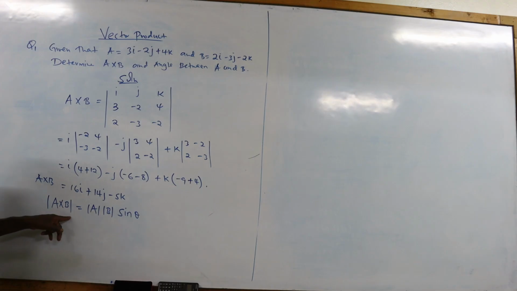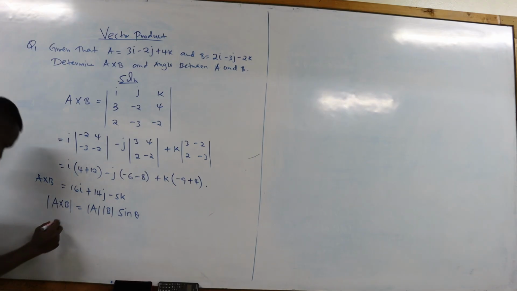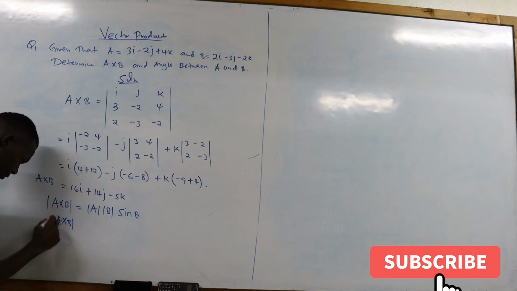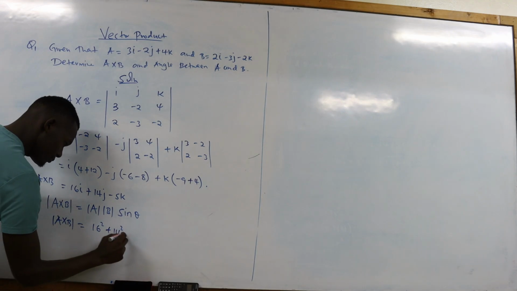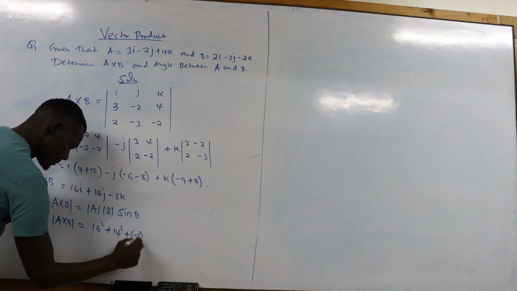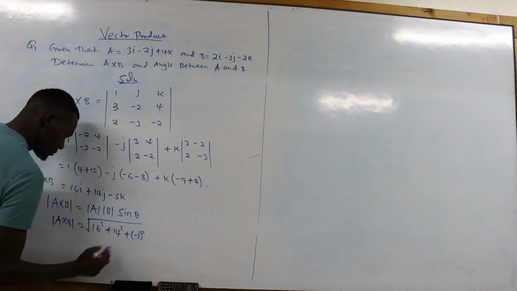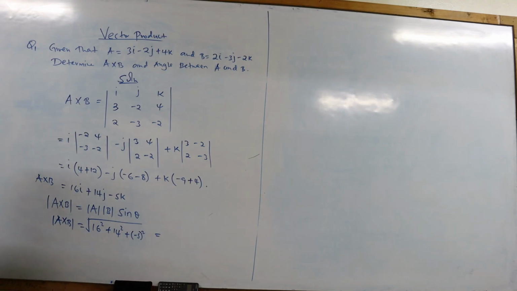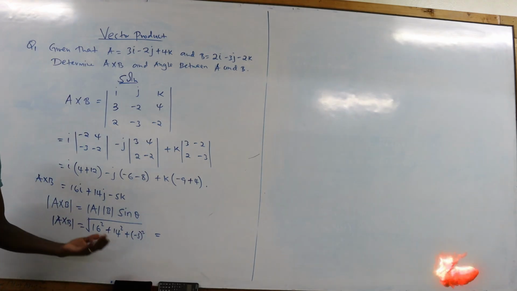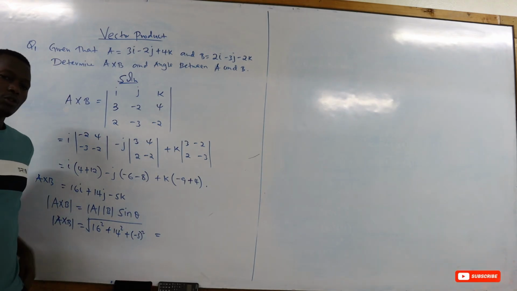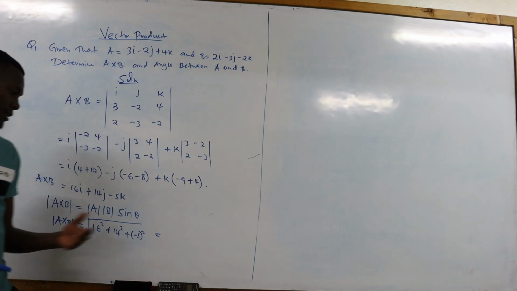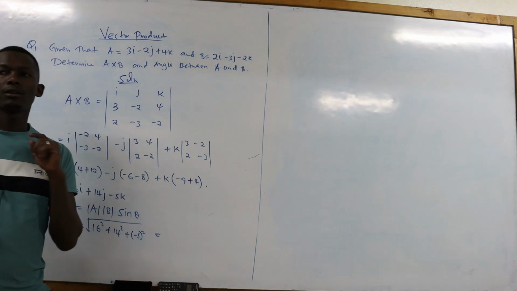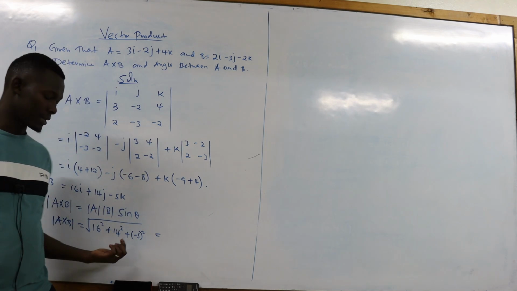We don't have the magnitude of A cross B, so we can start with that. The magnitude of A cross B is given by the square root of 16 squared, plus 14 squared, plus negative 5 squared. Note something, because I have seen this error. When you're keying in a negative value in your calculator and squaring it, always remember to put a bracket.